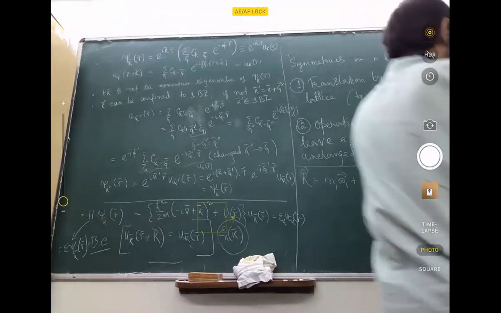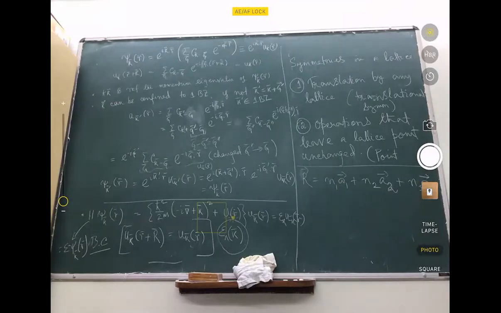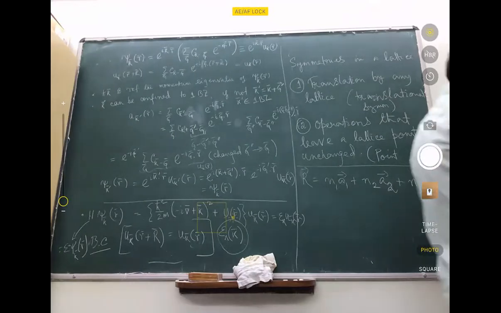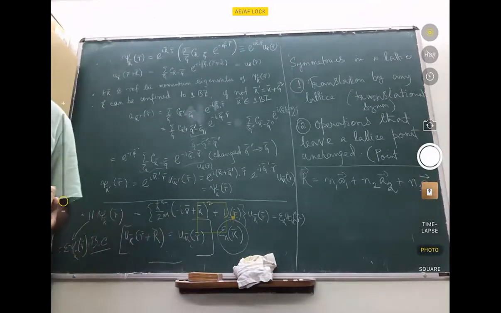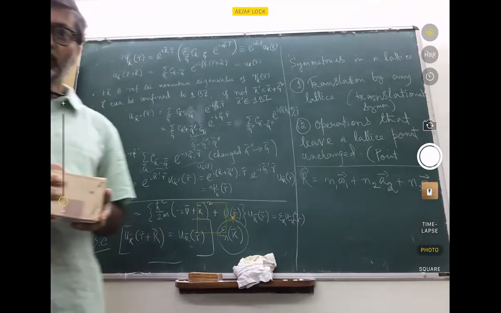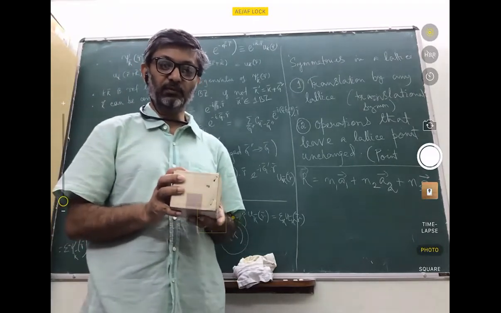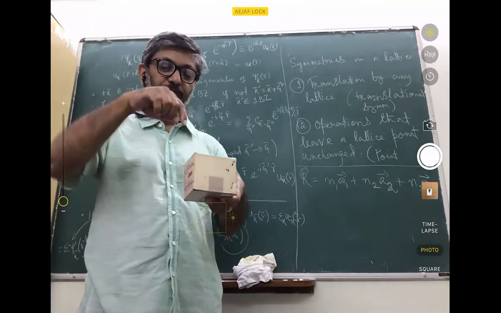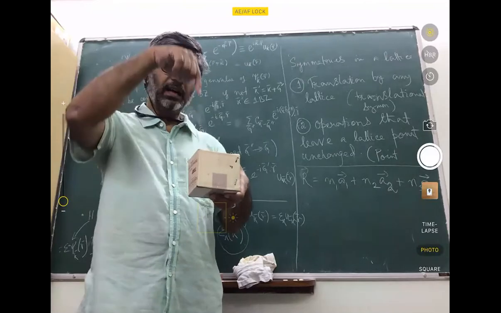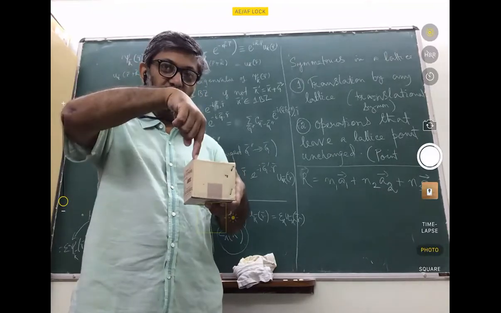So let me take this example. Okay, am I visible? Okay, here. So this is a cube, and I consider a line which is going like this, an axis goes through these points.